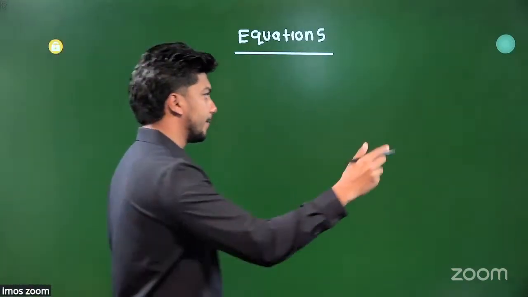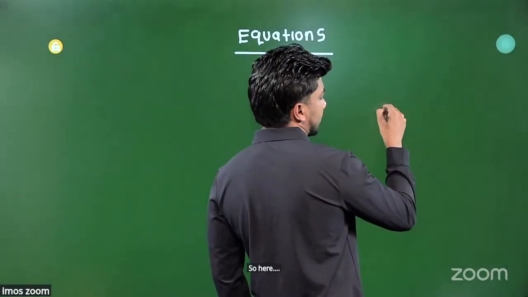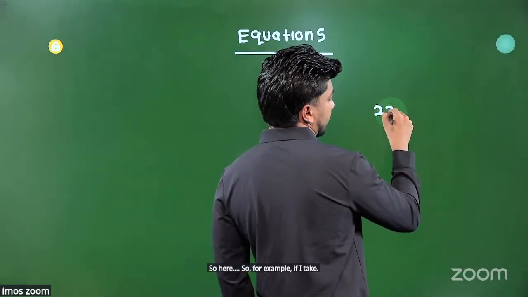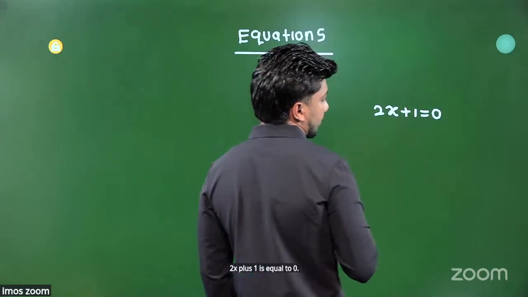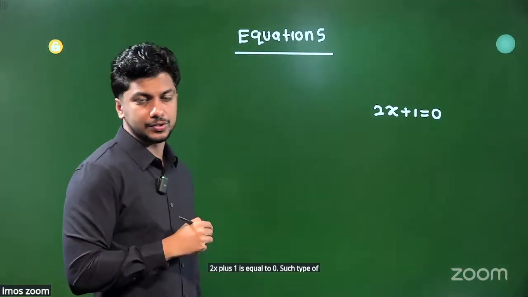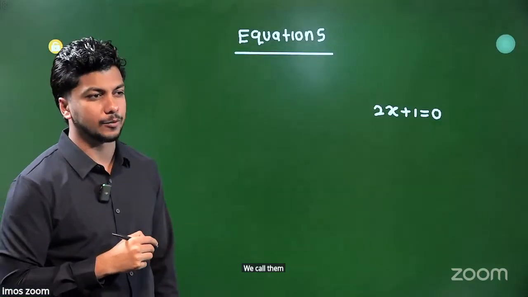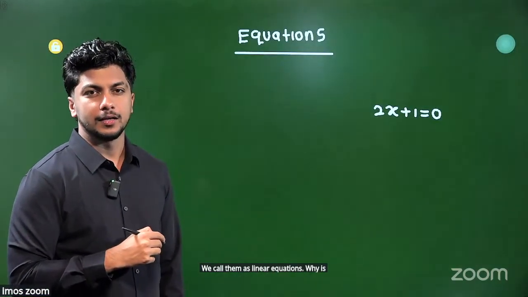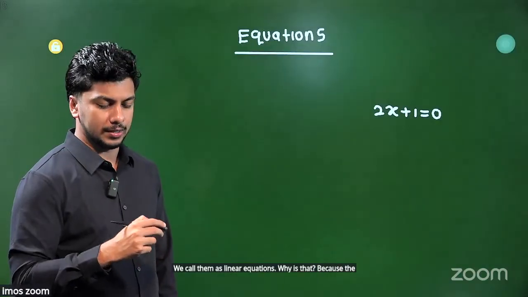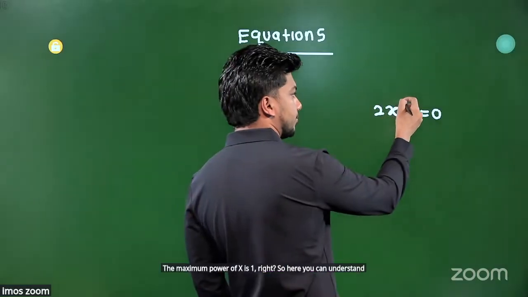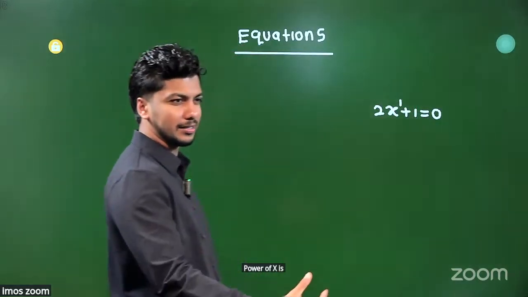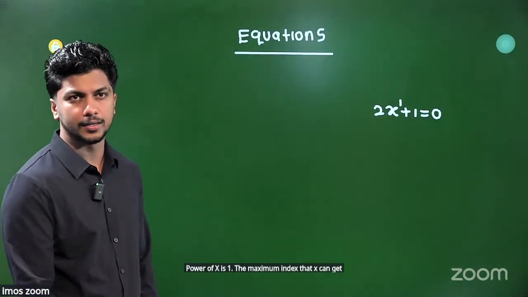For example, if I take 2x plus 1 is equal to 0, such type of equations we call linear equations. Why is that? Because the maximum power of x is 1. The maximum index that x can get is 1.